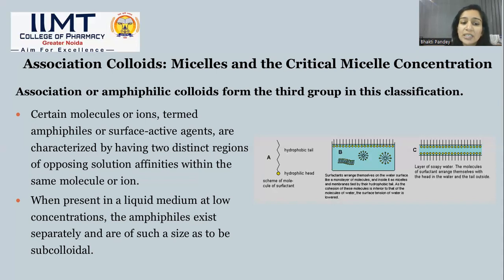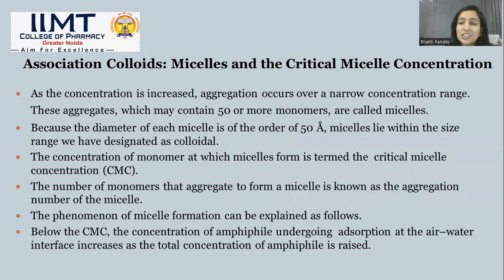When present in a liquid medium at low concentration, the amphiphile exists separately and is of such a size that it falls under the category of subcolloids. Then, as we increase the concentration, aggregation occurs over a narrow concentration range, and these aggregates may contain 50 monomers together.